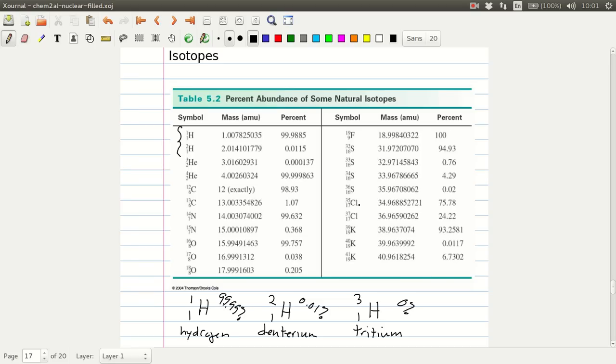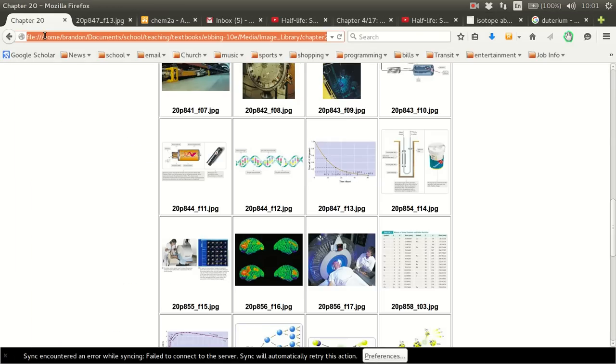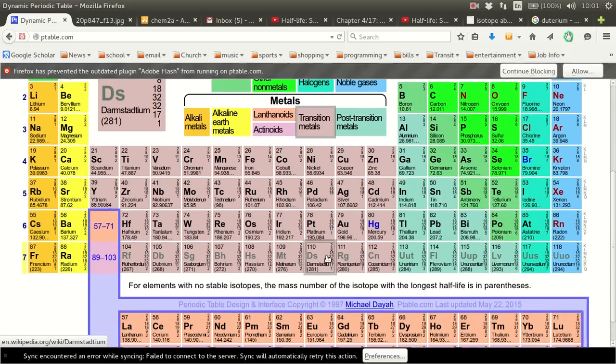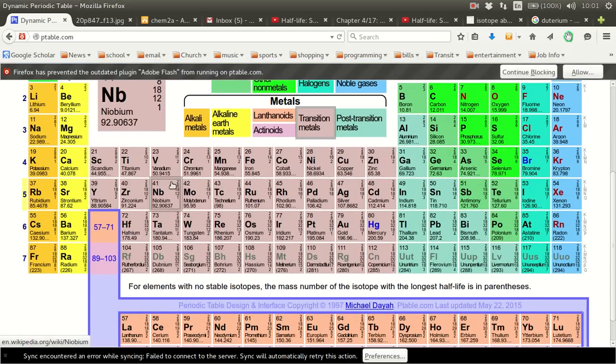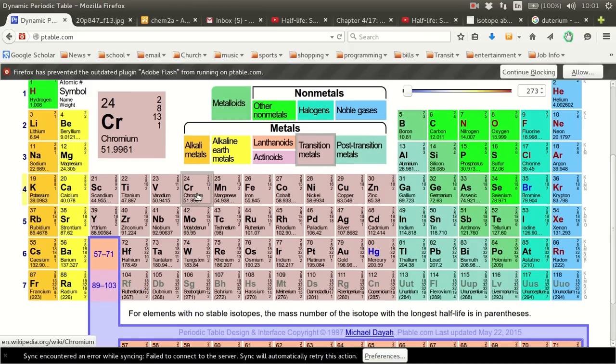Now, if you go back to the periodic table and you look at each cell, what does the cell represent? Let's stop on carbon here. Notice it says 12.011.